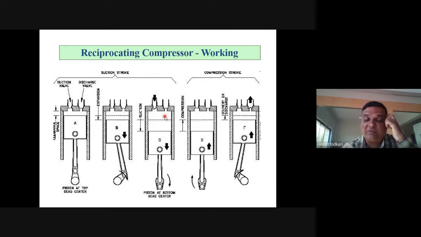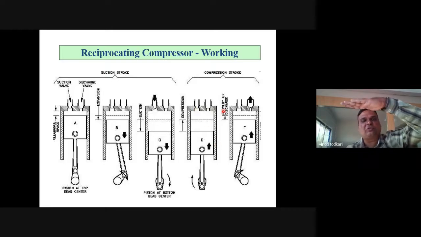Now, when air is totally sucked in, both valves, the inlet valve as well as the delivery or discharge valve, are closed. And now the piston will move from BDC to TDC. See, this is a fixed boundary, this is a moving boundary.